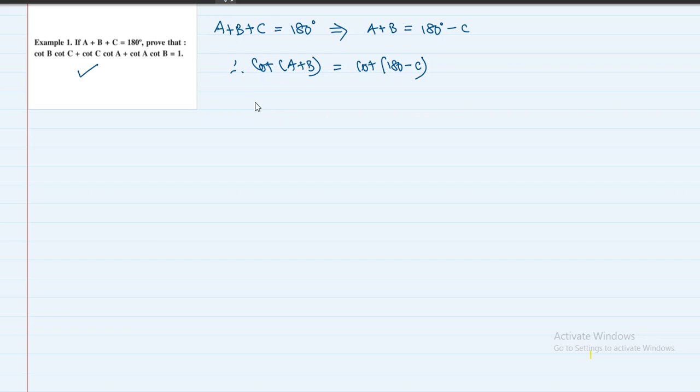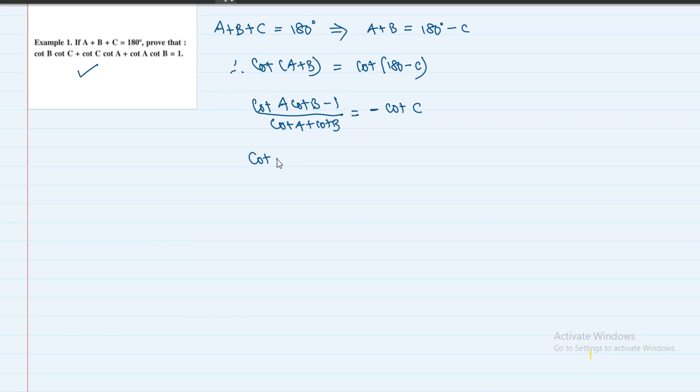Cot of a plus b identity, we know it. Cot of a plus b is cot a cot b minus 1 upon cot a plus cot b, is equal to cot of 180 minus c. Now see, in the second quadrant cot is negative, so we get minus cot c. Now if we cross multiply, what do we get?